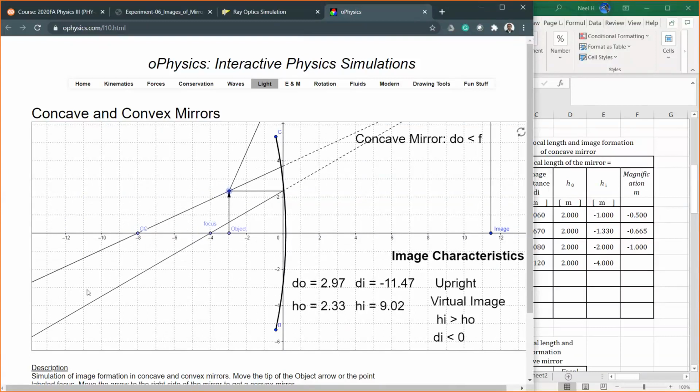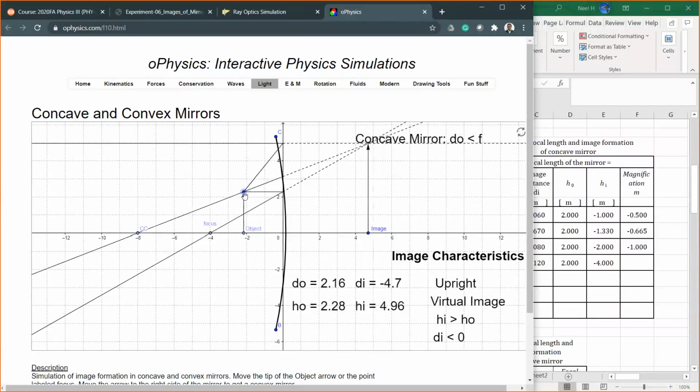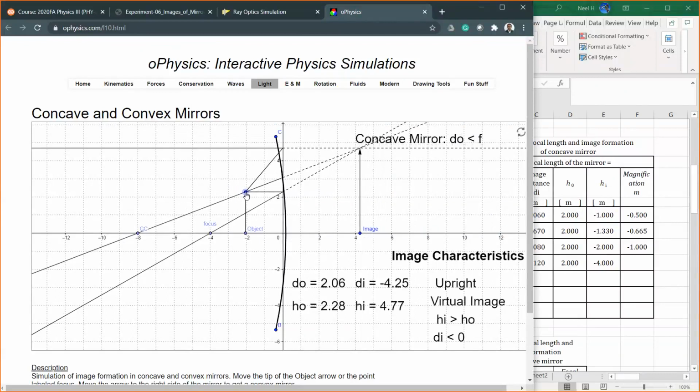Instead, these two lines are not going to intersect anywhere on this side. However, if you extrapolate the lines, extending them with the dotted rays, then you can see on the other side of the mirror the image is actually forming. That image is going to be virtual now. I can't see the image size right here because at this point the image is going to be too large. So I have to go much closer to actually see the image clearly.